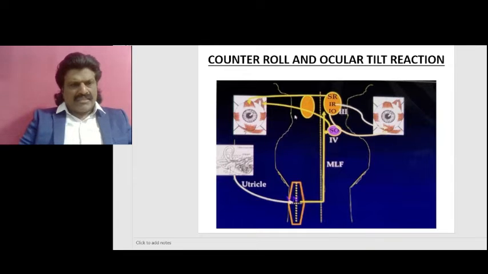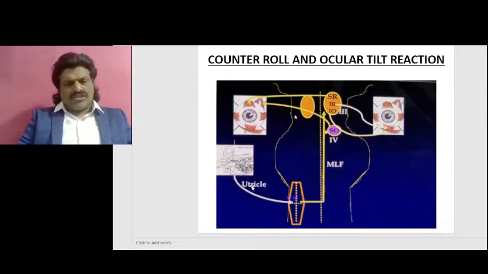Here, if you can see, you have the otolith apparatus, the utricle. It comes from the vestibular apparatus, the utricle; this is known as the otolith pathway. It comes like this and crosses over to the opposite side at the level of the pons and ascends in the MLF, the medial longitudinal fasciculus, connecting the fourth nerve nucleus as well as the third nerve nucleus.